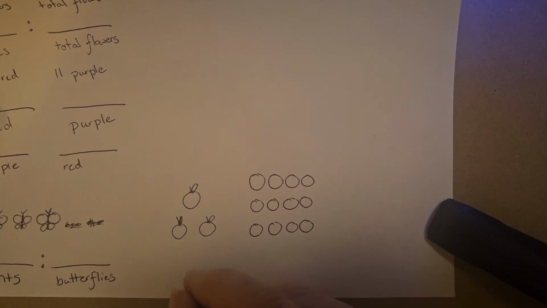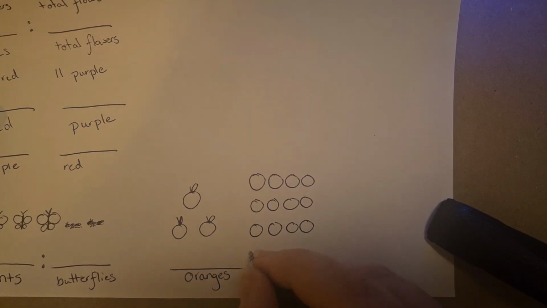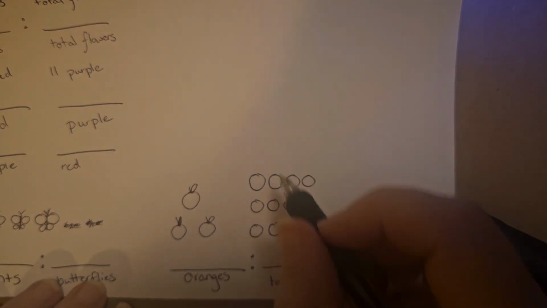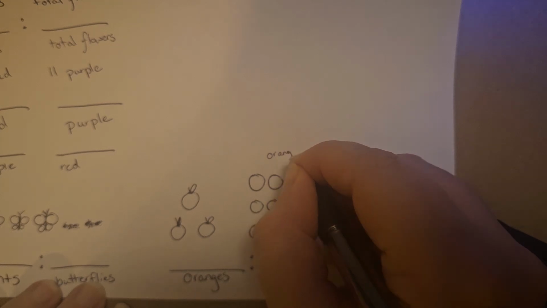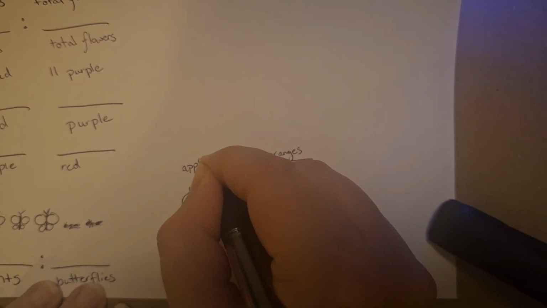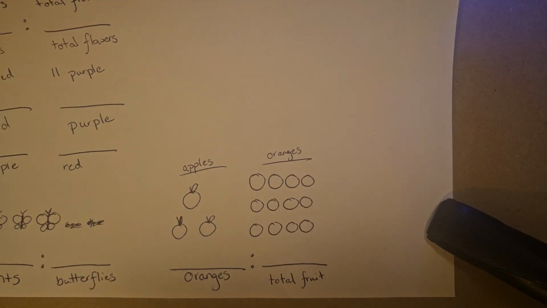So it says oranges to fruit, and that means total fruit. So I'm going to write the word total, even though it doesn't say it in the problem. Count up how many oranges there are, and then count up how much fruit there is total. Oranges will go here, total will go here. That should be all you need.